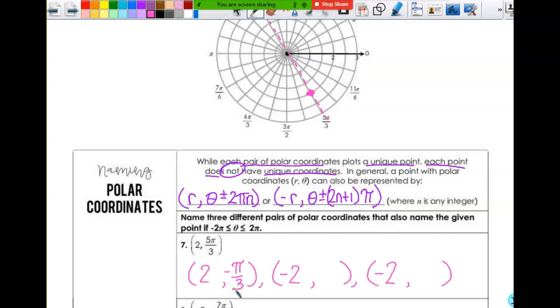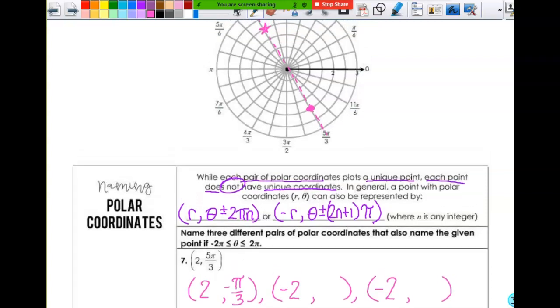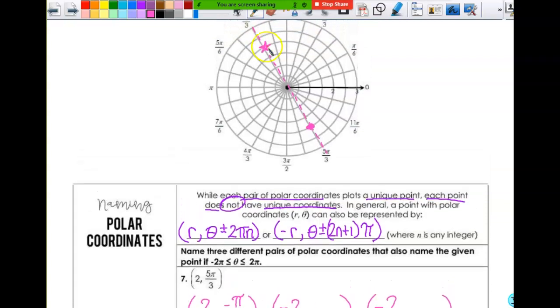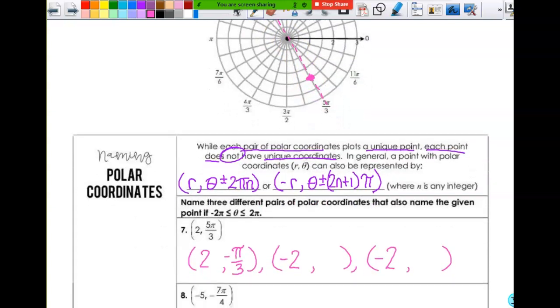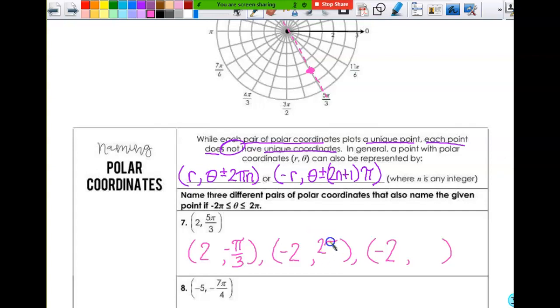If my radius is negative, my angle has to actually land me right here. So this angle is 2 pi thirds. But if it was a negative 2, once I got there, I'd have to push through to the other side. So since I have a negative 2, this would be 2 pi thirds.